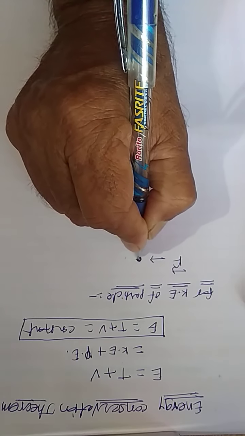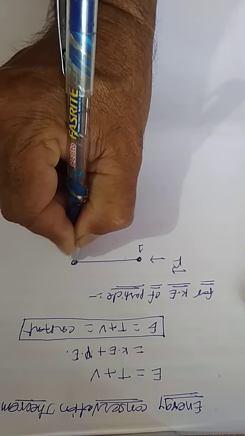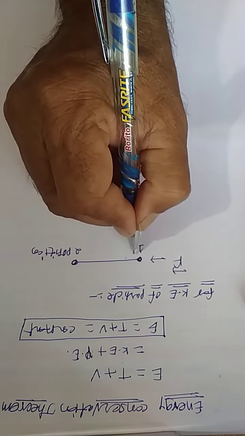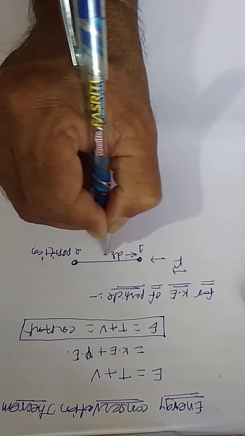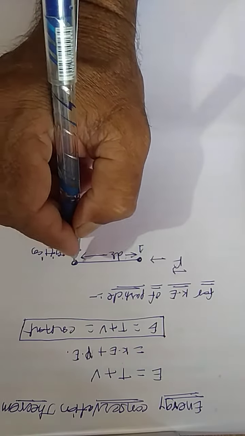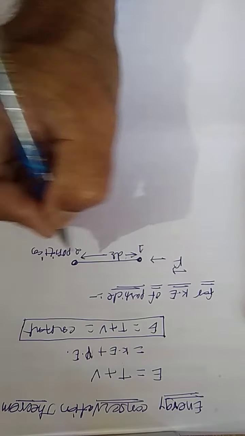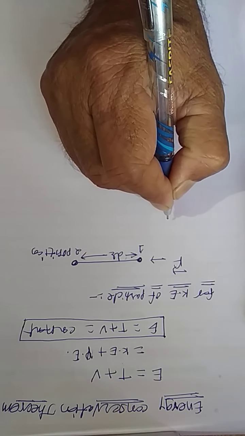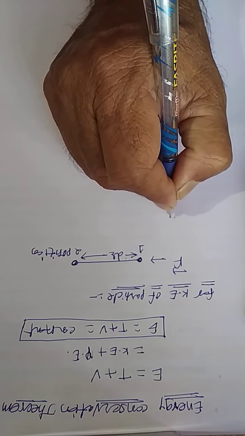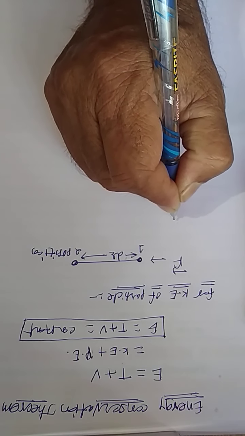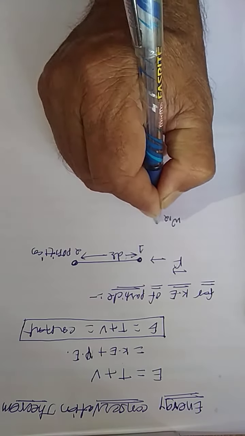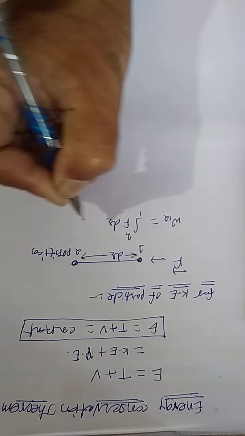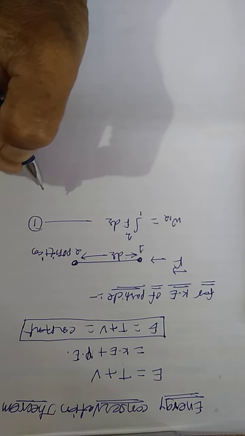Due to this force, the particle moves from position 1 to position 2 and undergoes the displacement dr. Then work is done, and this work done on the particle from position 1 to position 2 can be written as W1 to 2 equals the integration from 1 to 2 of F dot dr. This is equation number 1.